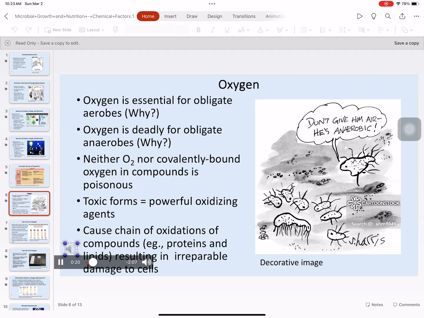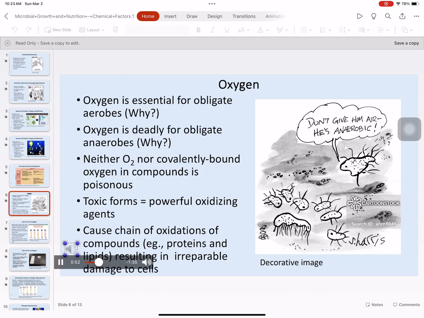Well, if you don't have an answer immediately, I would refer you to our unit on microbial metabolism, and more specifically to aerobic catabolism of glucose. There are other organisms for which oxygen is deadly. We refer to these as obligate anaerobes.